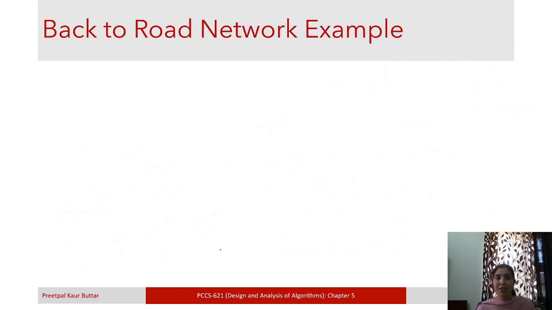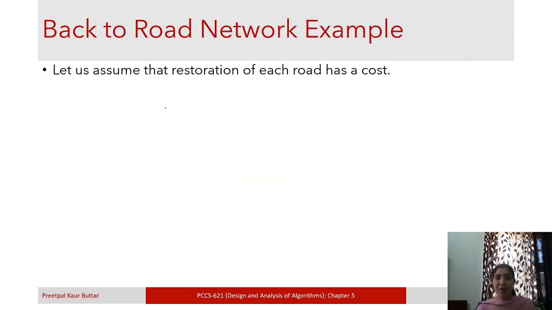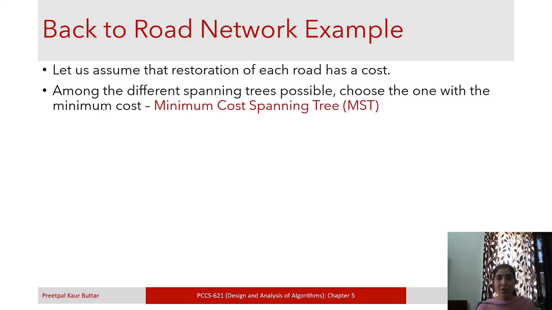Okay, moving ahead, back to the node network example. Now let us assume that each node has a restoration cost, right? So in the previous example, there were 4 vertices, 4 nodes, and there were 16 minimum spanning trees which were possible.